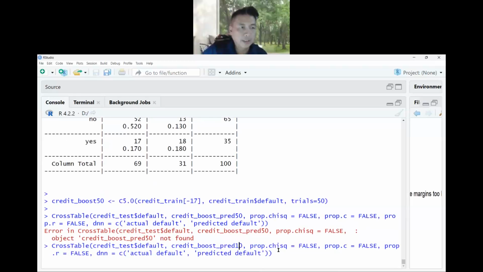This is trained using 50, and this one produces 50.